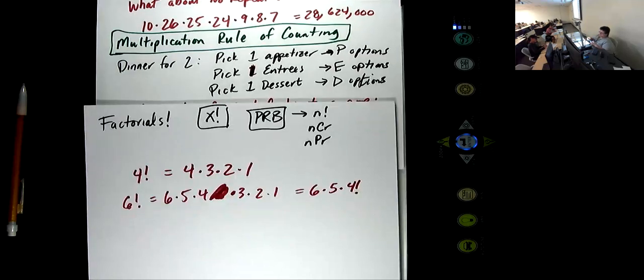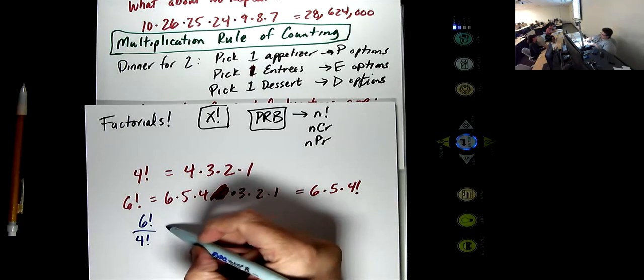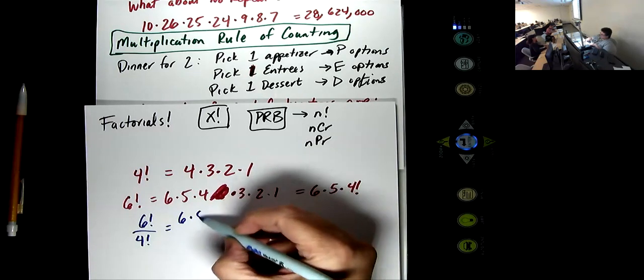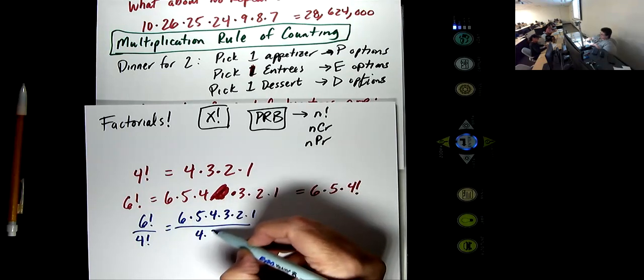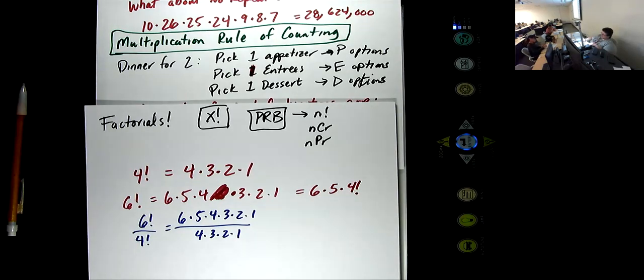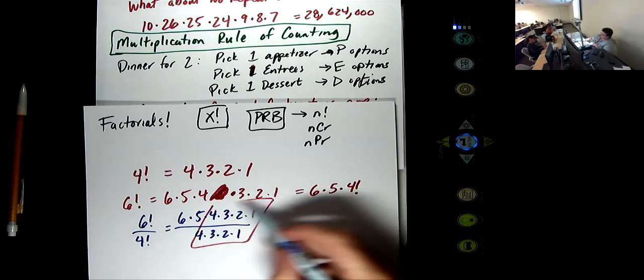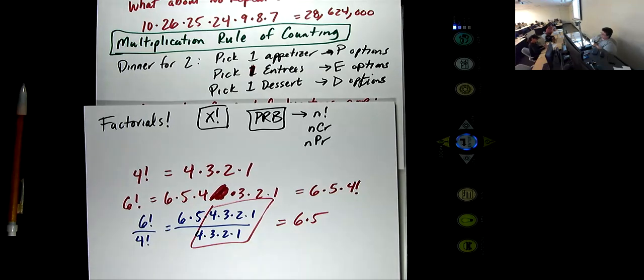But one last handy thing to note is if we had something like 6 factorial over 4 factorial, I could write them all out and cancel. The 4, 3, 2, and 1 cancel on top and bottom. And I'm just left with 6 times 5. So you may not need a calculator for everything that's factorial.